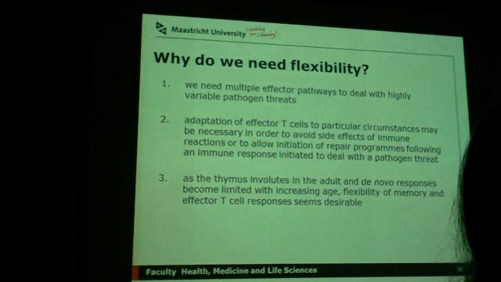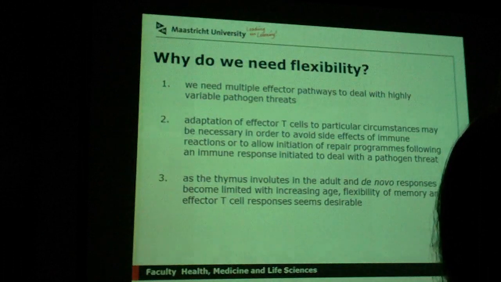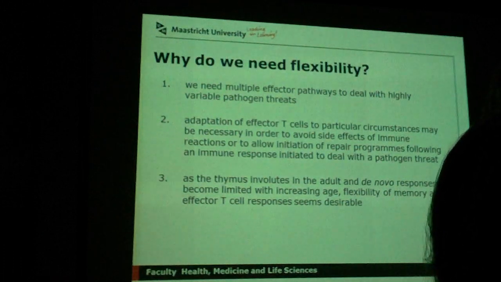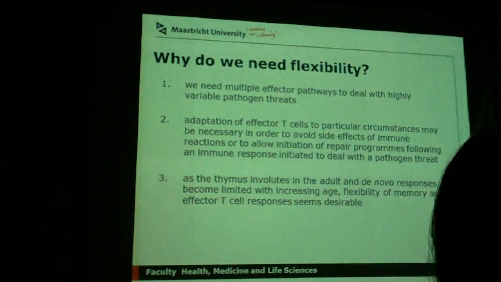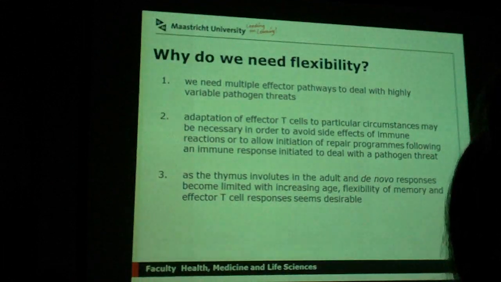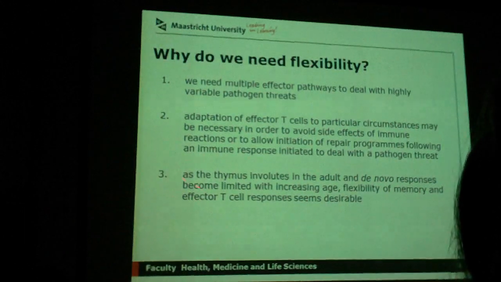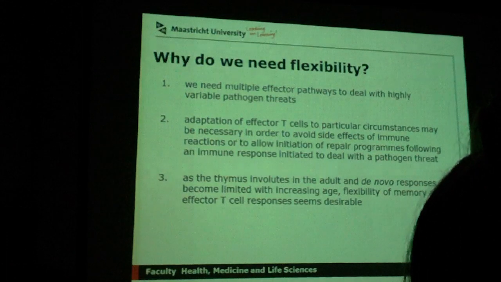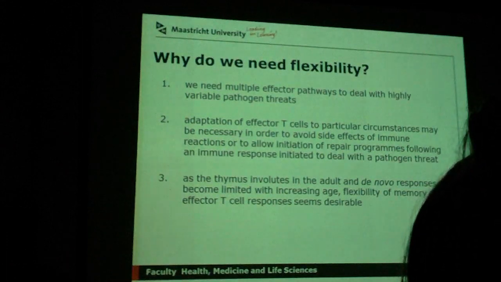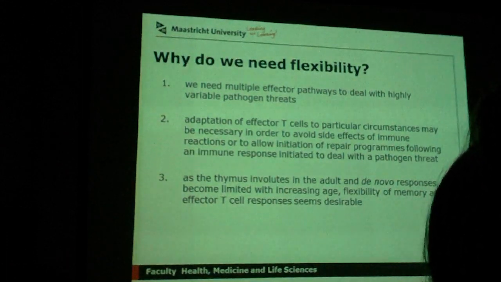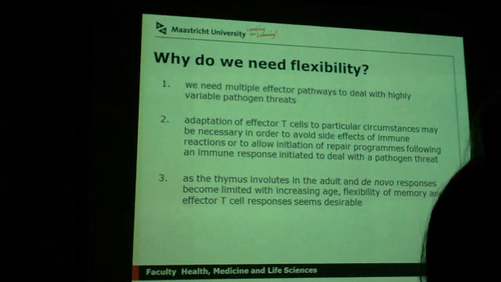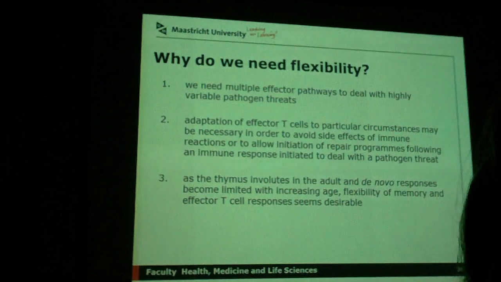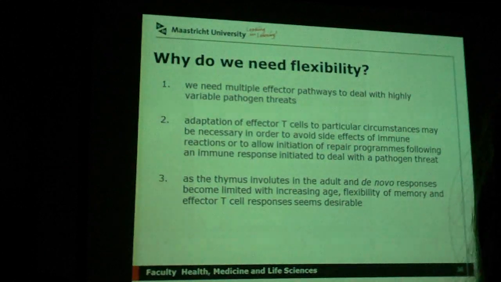And the last reason is that as we get older, our thymus, which produces new T cells, shrinks. It can't keep up with demand anymore. So de novo responses may get limited with increasing age. And it would then be convenient, of course, if effector memory T cell responses would have some degree of flexibility and deal with these new responses. So these are the reasons why we think that we might need flexibility in the immune system.